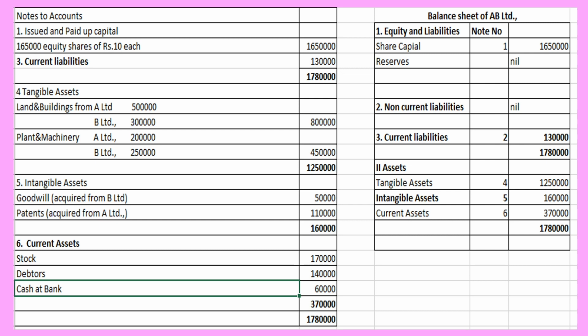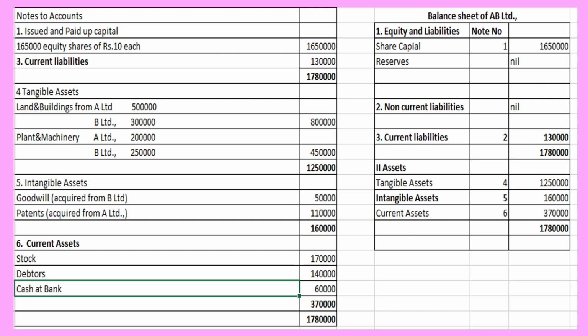For B Limited, for 5 shares in the existing company they get 6 shares in the new company. If they already have 50,000 shares, they are going to receive 60,000 shares in the new company. So for A Limited 1,05,000 and for B Limited 60,000, the total comes to 1,65,000 shares into 10 each, which is 16,50,000.